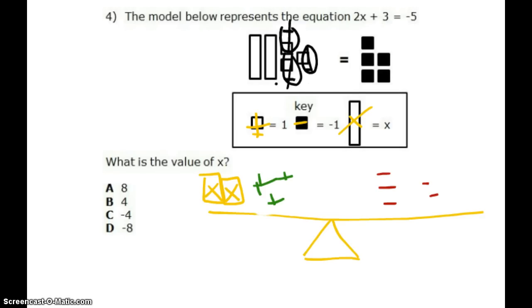So what I do to the left, I also have to do the exact same thing to the right. So I have to add 3 negatives to the right. So now I can group, I have 2 x's, so 1 x can get 4 negatives, the other x can get the remaining 4 negatives. So x is -4. Alright, now I want you to go on to part 2, the next set of problems.